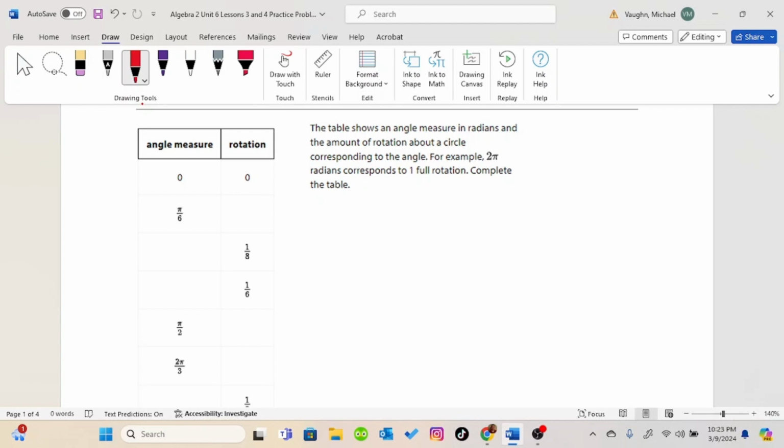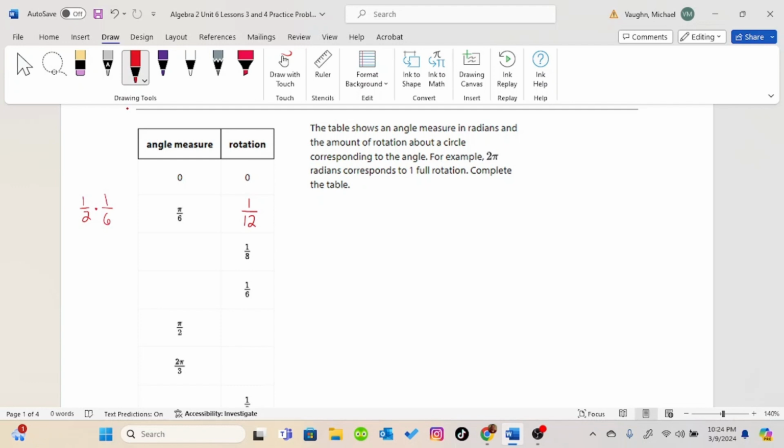The next angle measure is pi over 6. Well, pi is half a circle. So if we have half a circle and we've divided it into sixths, then this means we have 1/12 rotation around the full circle.